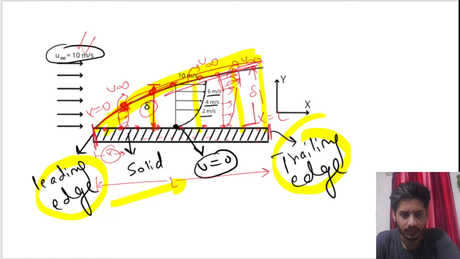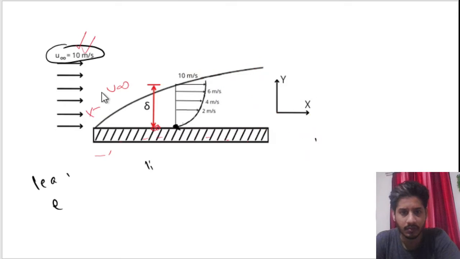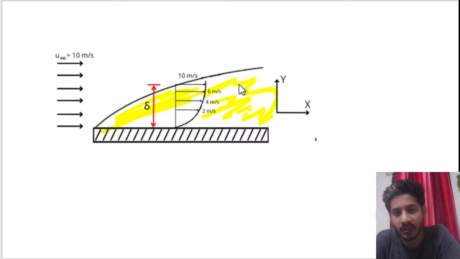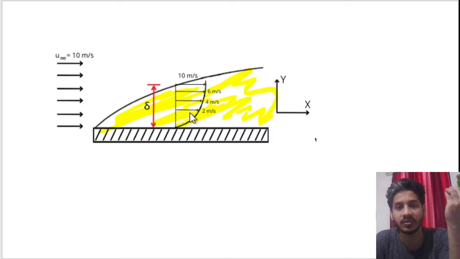Secondly, one more thing is that within the boundary layer, within this region, there is friction, there are shear stresses acting because the fluid has some relative velocity.